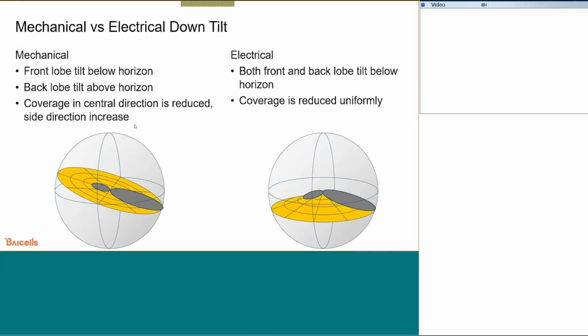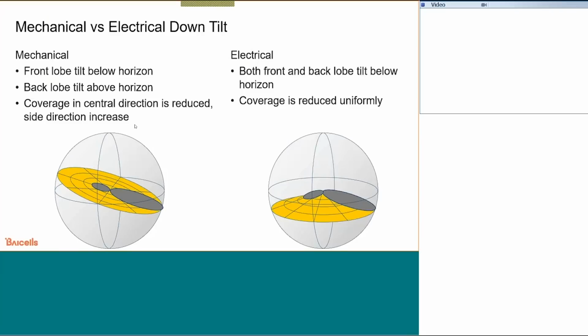Another line item you see a lot is mechanical and electrical down tilt. This will help you have a pretty good idea of what each one of these does. Mechanical down tilt just means you physically are tilting that antenna. For electrical down tilting, in an antenna there are multiple antenna elements, and if you apply different power to each one of those elements, it will shape the antenna pattern accordingly.